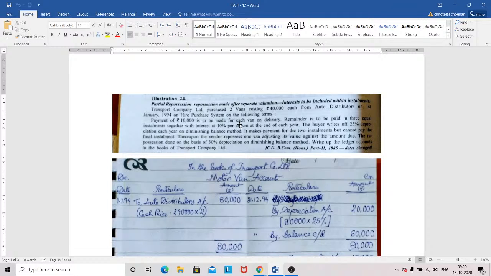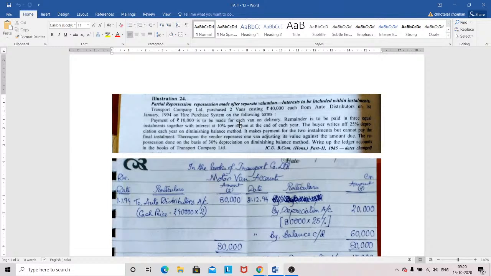So the buyer actually charges 25% depreciation under diminishing balance method. The hire vendor will charge 30% depreciation under diminishing balance method. So there must be a difference in the value. One is 25%, another is 30%. So there is a difference of 5% which is to be adjusted carefully, and that actually leads to your loss on repossession.